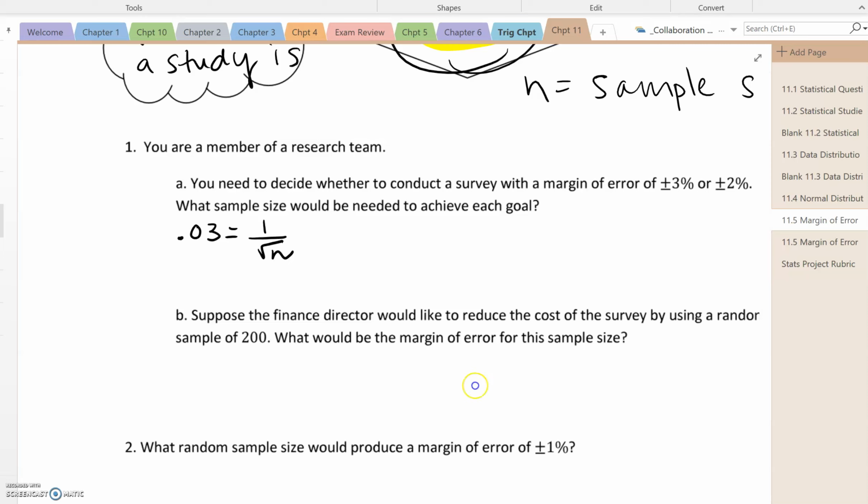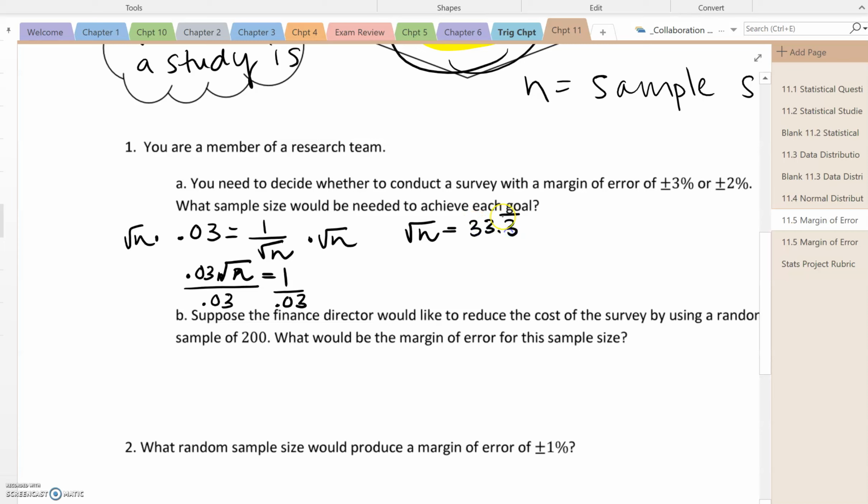So to solve this for n, I'm going to multiply both sides by the square root of n. So I get 0.03 times the square root of n equals 1. To get the square root of n by itself, I'm going to divide both sides by 0.03 to get that the square root of n equals 33.3 repeating.